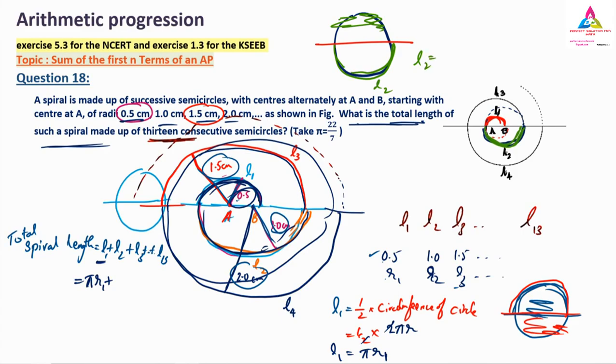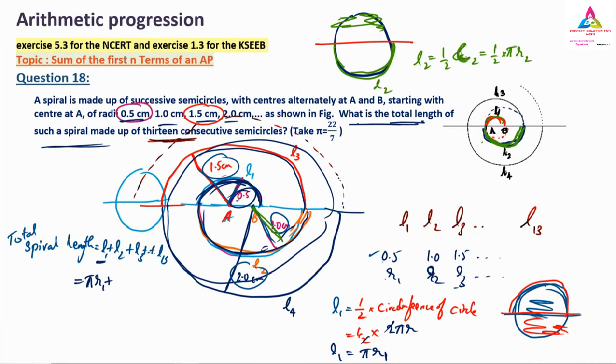L2 is equal to half into the circumference of the circle, which I will take as C2, because it is the second circumference, since already one circumference I have taken. So half into the circumference of the circle, the formula remains the same, 2 pi r. I will take r2, because the second radius is 1.0 centimeter.